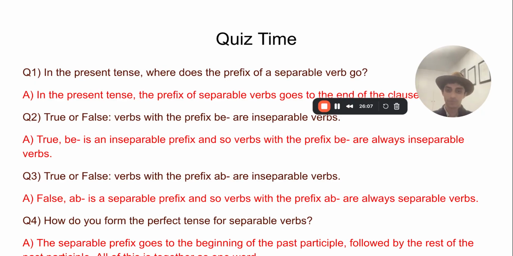So for separable verbs in the perfect tense, the separable prefix will go right to the beginning of the past participle, followed by the rest of the past participle. So it's normally going to be separable prefix, then the letters ge, and then the final part of the past participle. All of that is written together as one word. So it's all mashed together into one word.